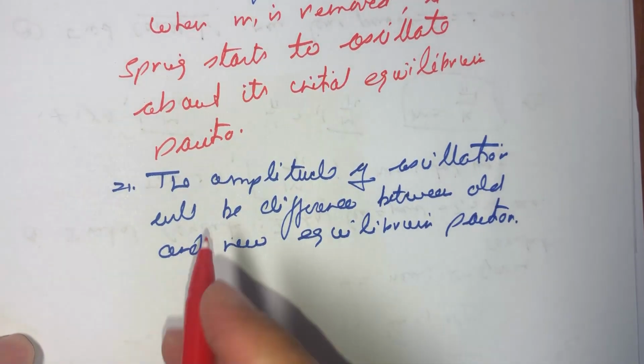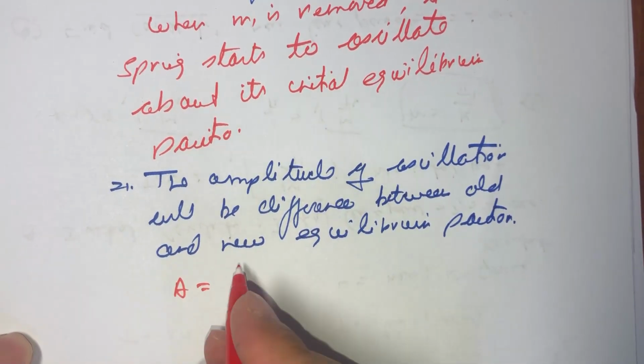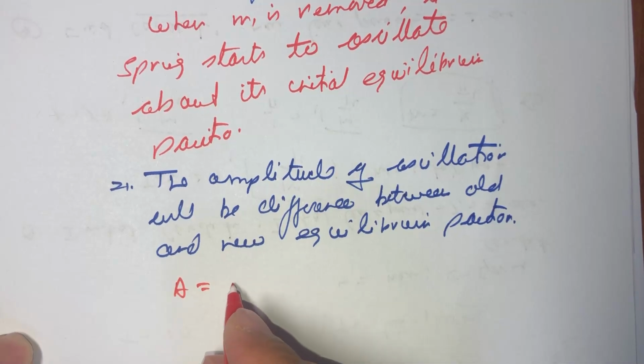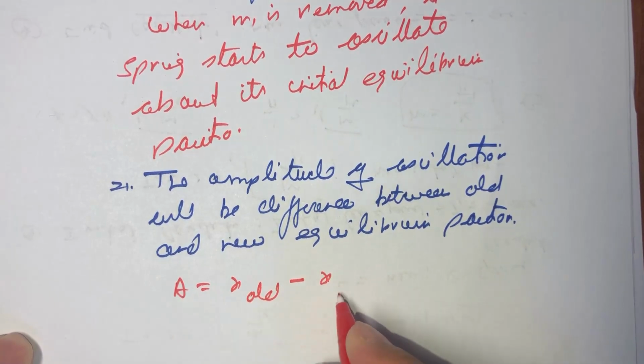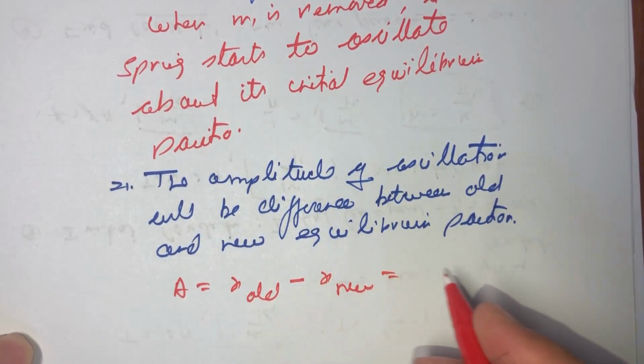So we can write that our A will be equal to x old minus x new.